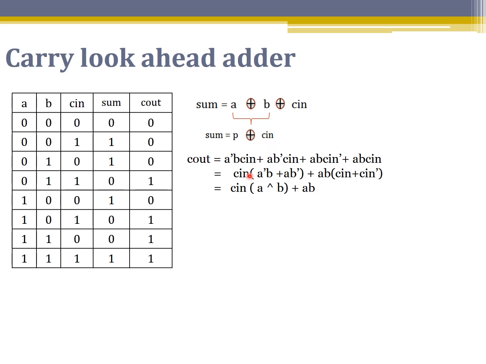Taking out Cin common and AB common, we end up with this reduced simplified Boolean expression. This A XOR B can still be replaced as P, because we know that propagate is A XOR B, and this AB can be replaced as the generate signal. So we can now define the cout as G plus P Cin.